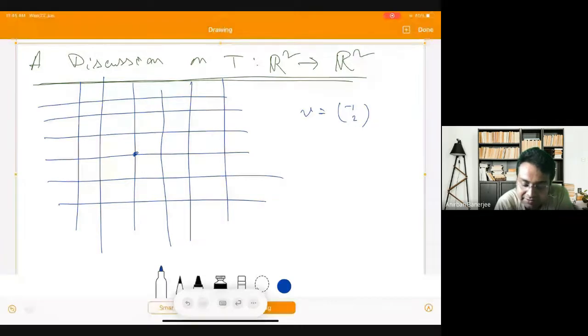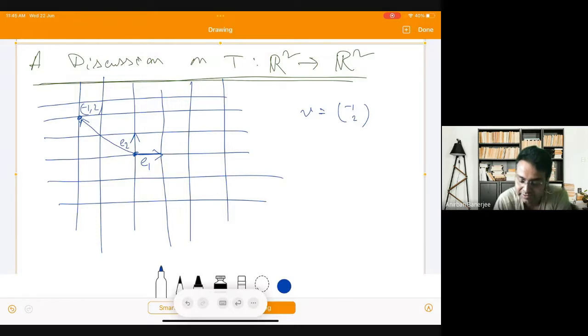In this case, of course, this is our E1 and this is our E2, and -1 comma 2 is this point. So this is our -1 comma 2.